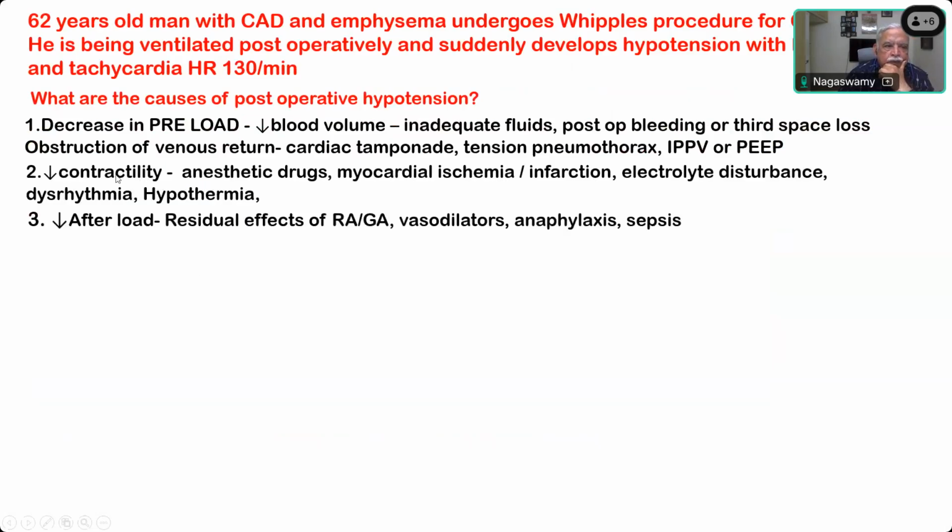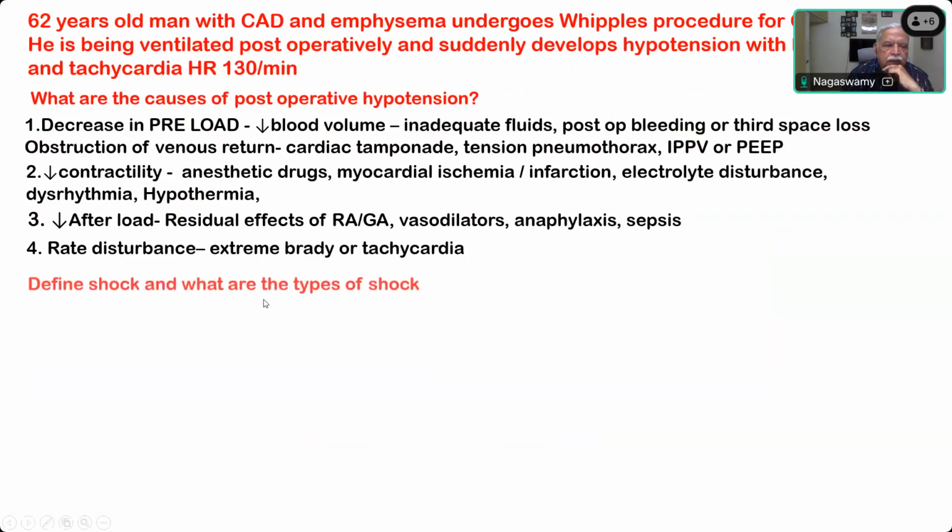Decrease in afterload. So these three, preload, contractility, afterload, have to be first thought of. Residual effects of vasodilators, anaphylaxis, and sepsis. And rate disturbance, extreme bradycardia or tachycardia. So these are all the cardiac factors that we have to think of.